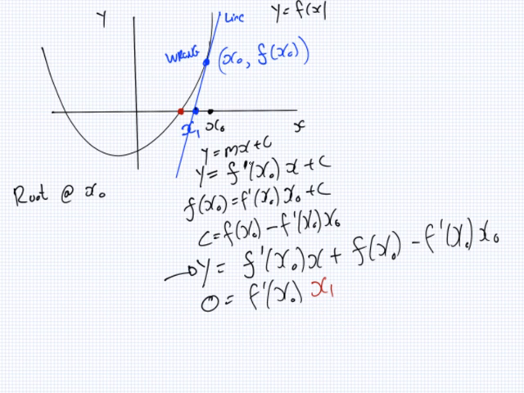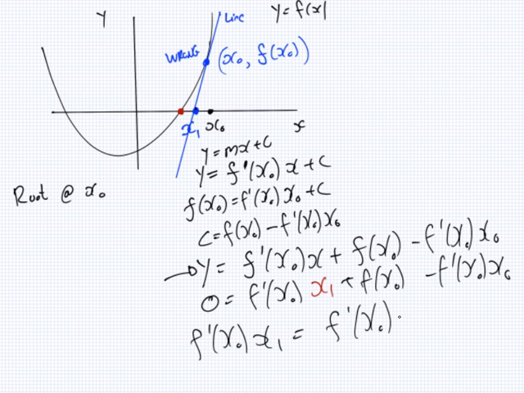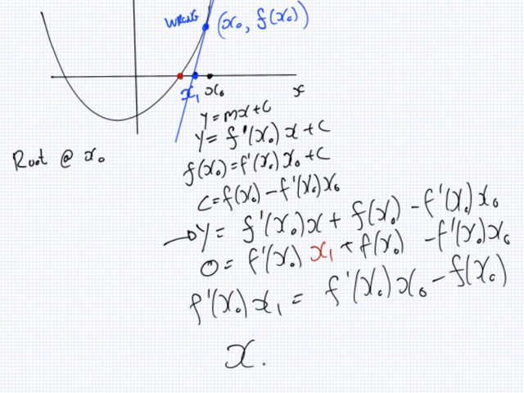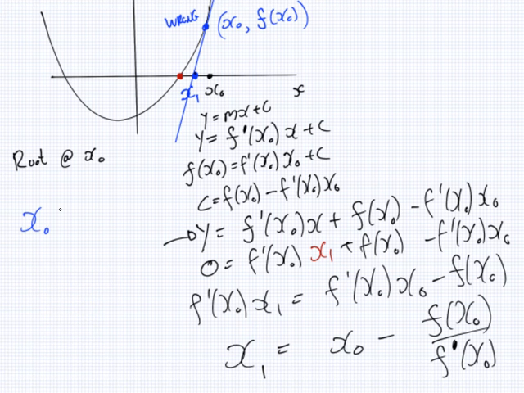So now we have 0 equals f'(x0) x1, and I'll call this x1, because that's the point we're looking for, plus f(x0) minus f'(x0) x0. So rearranging this, I get f'(x0) x1 equals f'(x0) x0 minus f(x0). Finally, I divide by the derivative and I get this formula. x1 is x0 minus f(x0) over f'(x0), where x0 is the bad guess and x1 is the better guess.